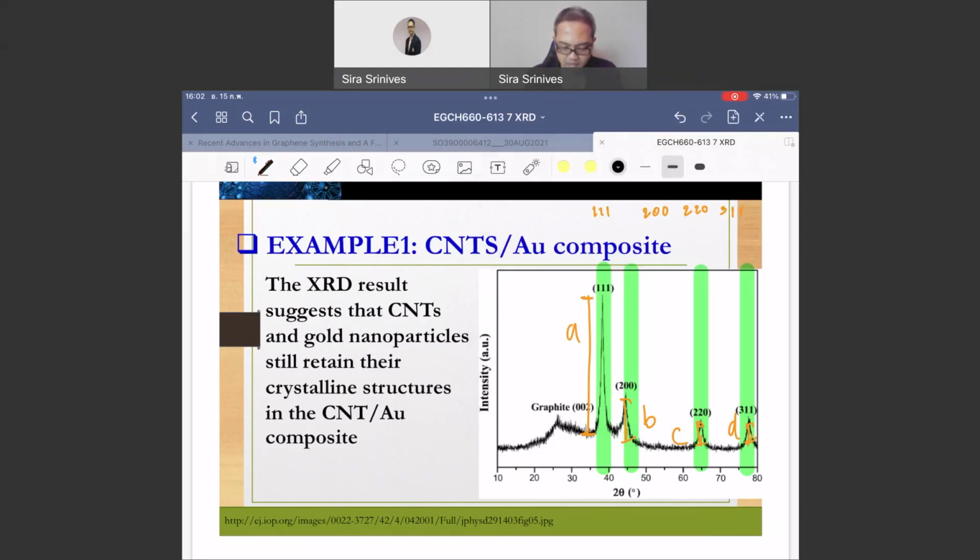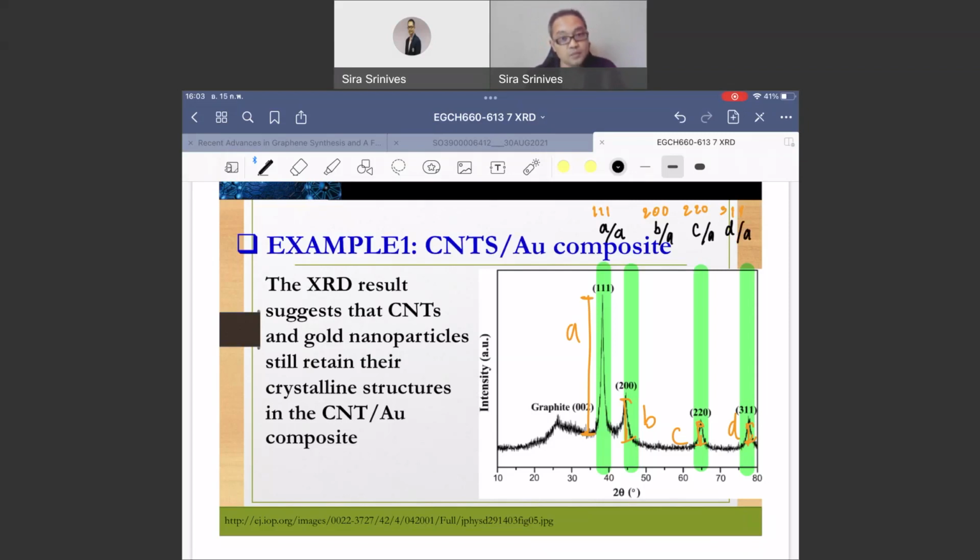And then you can have the height of the peak, A, B, C, D, respectively. So you can divide it with the same number, with A, A, A, A, right? You get some kind of number, and that's the ratio being normalized using A.